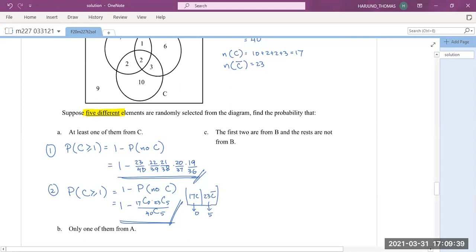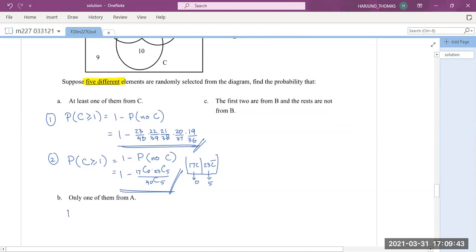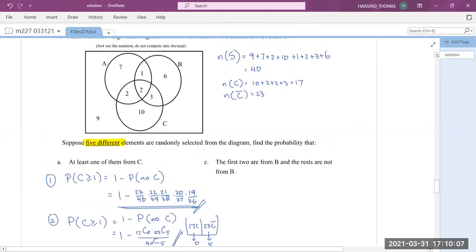Now part B. What is the probability that only one of them from A? Probability that A equals 1. So we will break it up this way. We want to find out how many A's, how many not A's. Later on, we'll choose one from here, which means the other 4 should be from here. Do you see that plan? Now let's see how many A's.